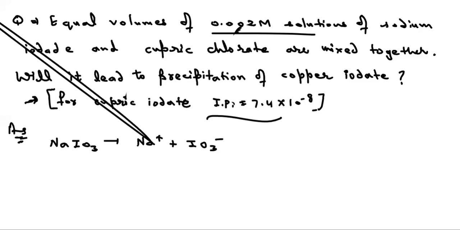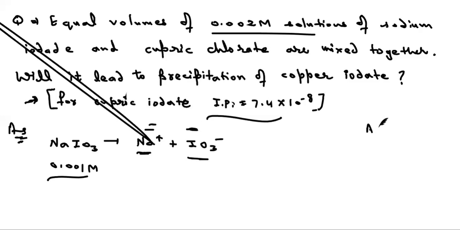Equal volume they are saying, so it means you have to divide by 2, so it means 0.01. So can I say that if it is 0.01 molar, then it is also dividing equally? It is 0.01 molar of Na and 0.01 of IO3, because both are getting mixed. You don't need to divide here.